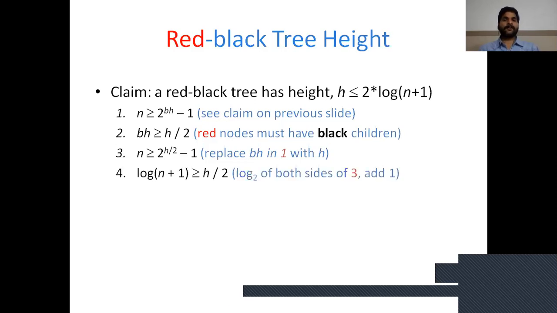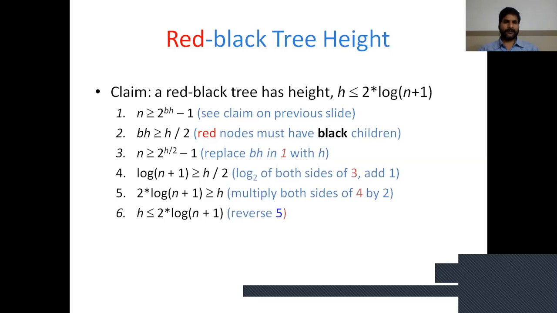So taking log on both sides, log n is greater than or equal to log of 2 to the power h by 2 minus 1. So we can write log(n plus 1) greater than or equal to h by 2. Then h is less than or equal to 2 log(n plus 1).